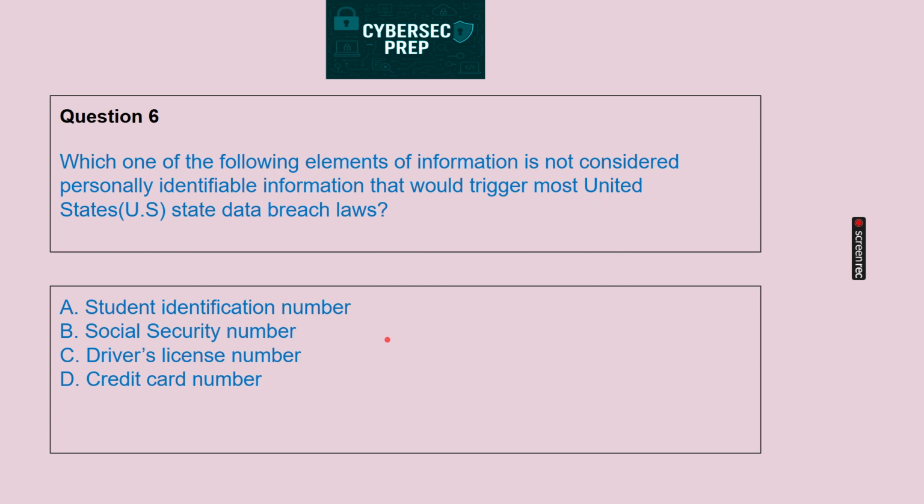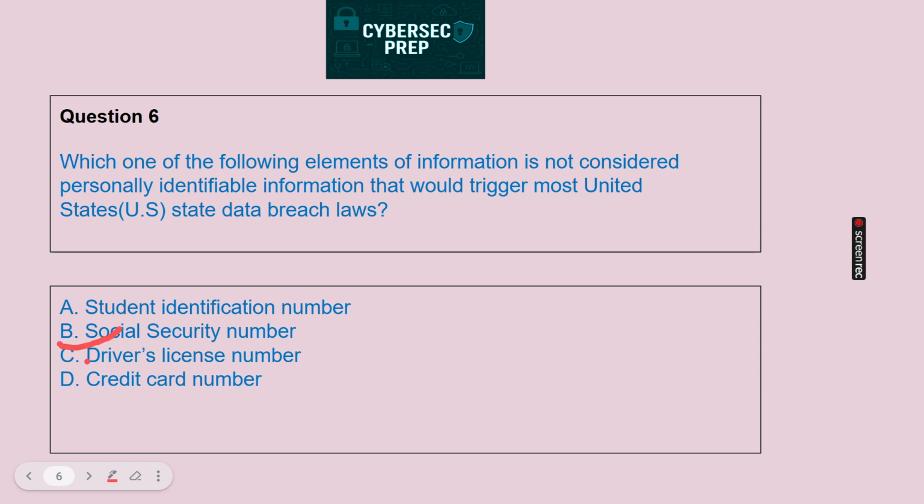Which one of the following elements of information is not considered personally identifiable information that would trigger most United States state data breach laws? Question number 6. Okay. Now this is quite easy. So as you can see from all the four options, we can see social security number.